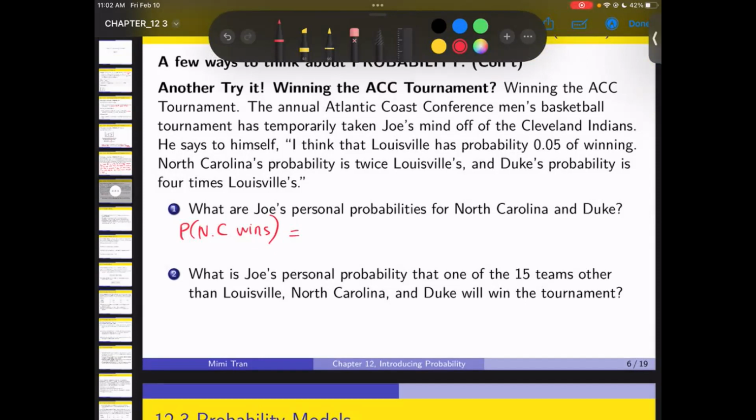Louisville's probability of winning is 5%, and North Carolina is double that, so 10%, right? So 0.1. What is the probability that Duke is going to win? Duke wins 0.2, right? So 0.05 times 4 is 0.2.